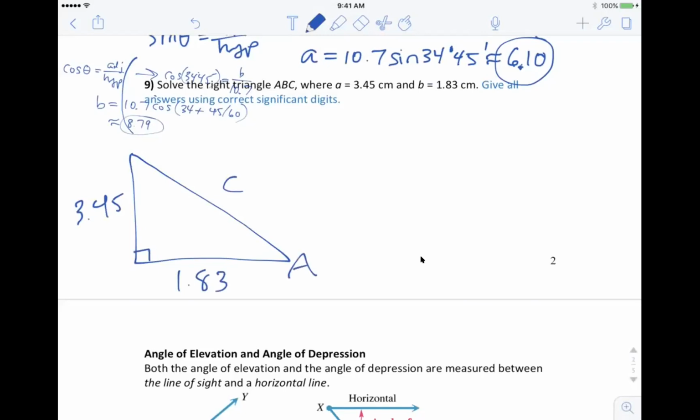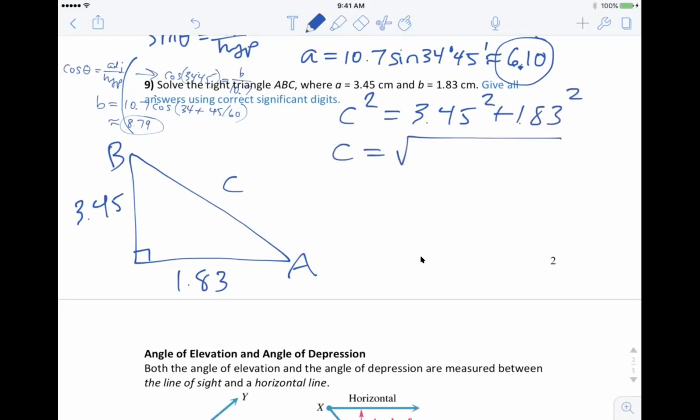Angle A and angle B are also unknown. All right, so that's that one. And so one thing you can do is Pythagorean theorem here to get C. So I might do that first because C squared would be A squared plus B squared. Right? Or C is equal to the square root of all of that.